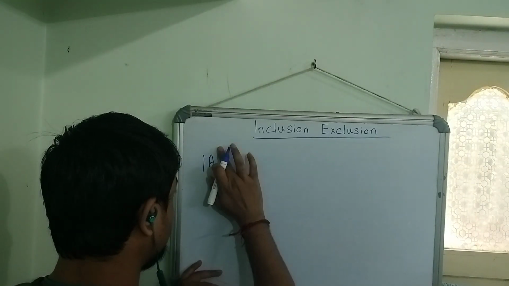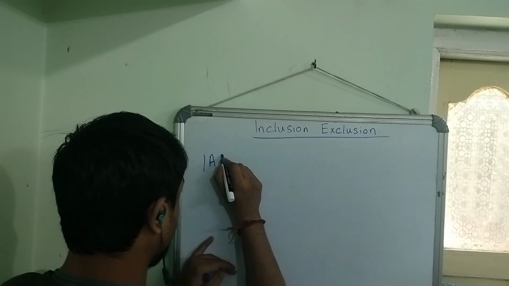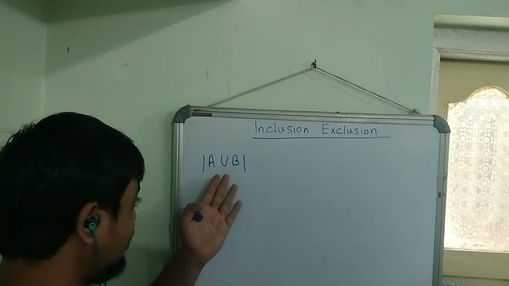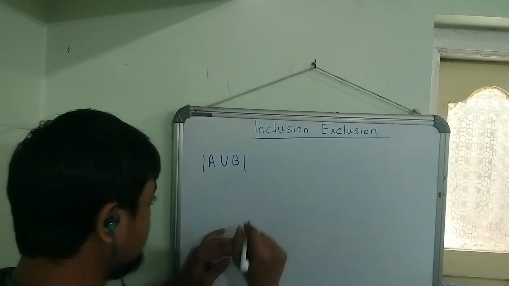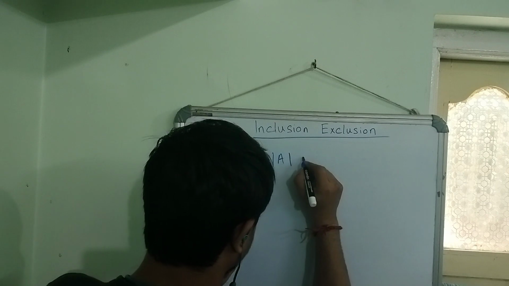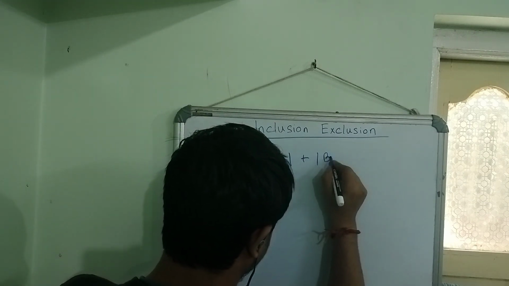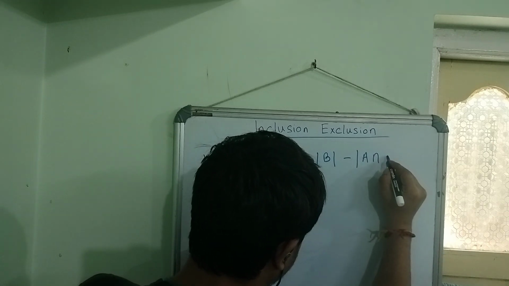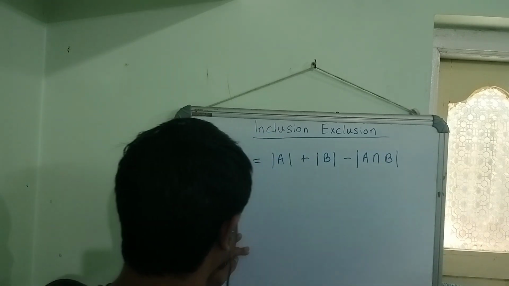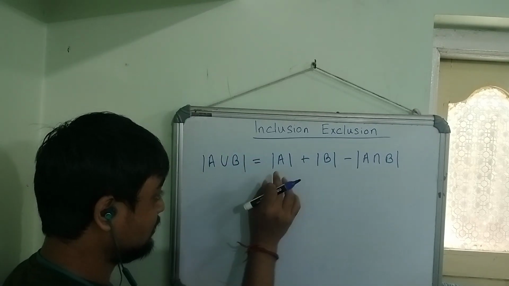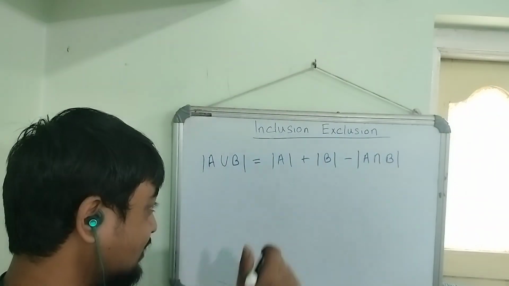That's it. So the inclusion exclusion principle says for the basic case of two sets, the number of elements in A union B is equal to the number of elements in A plus the number of elements in B minus the number of elements in A intersection B. Remember, this double bar sign means the number of elements, which is also known as cardinality.